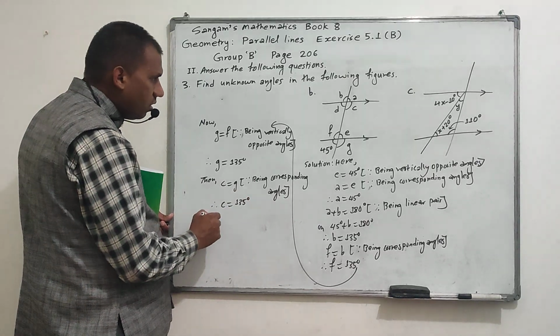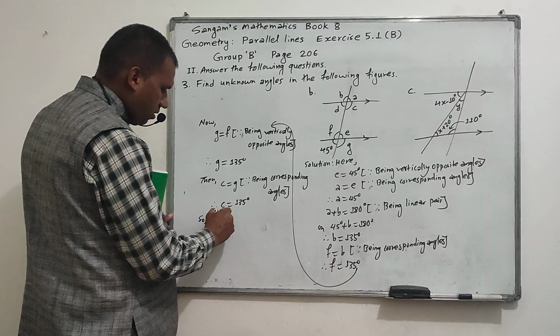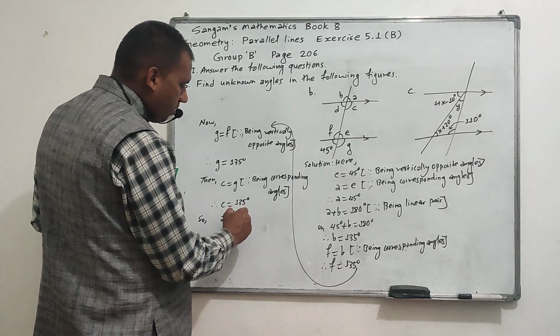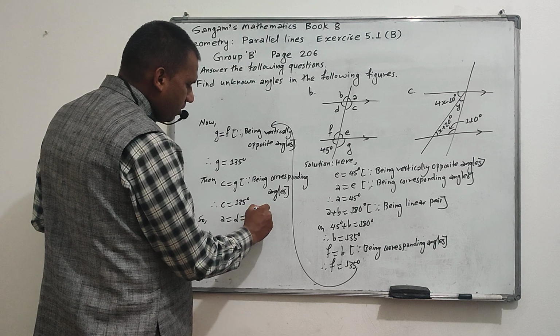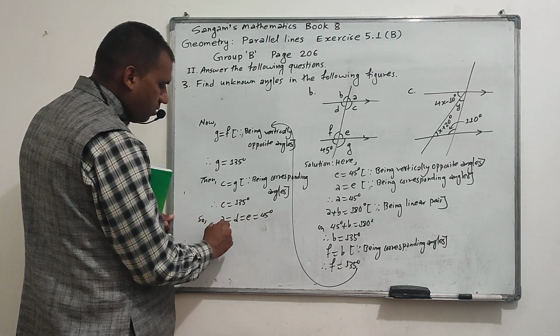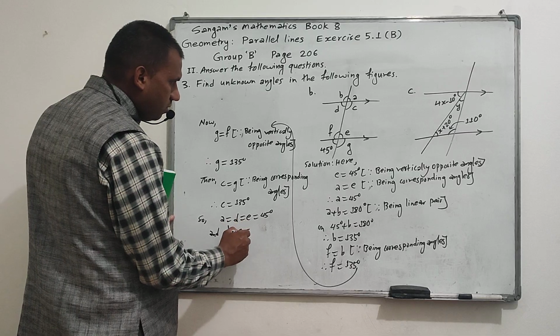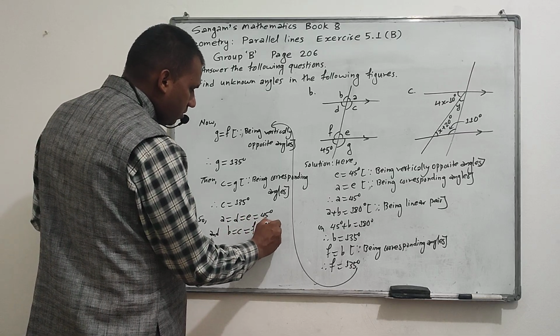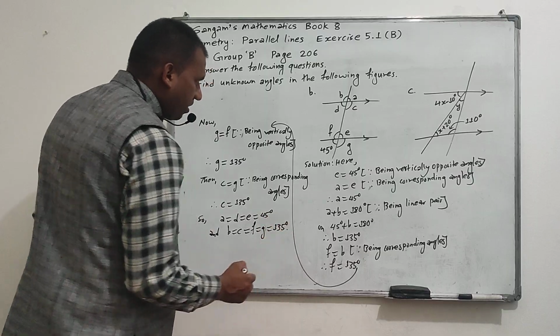So we can write A equal to D equal to E equal to 45 degrees, and B equal to C equal to F equal to G equal to 135 degrees.